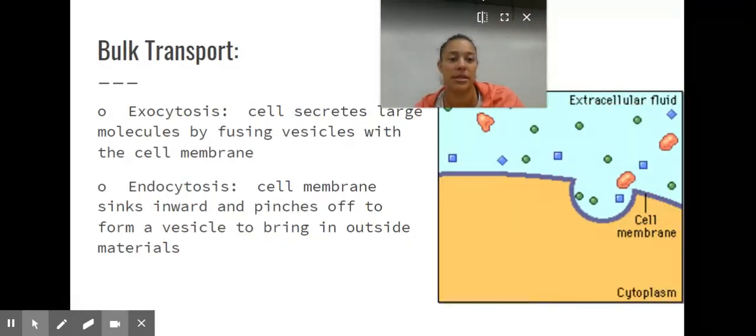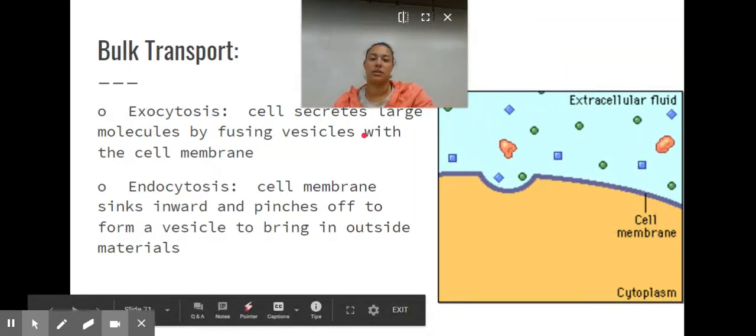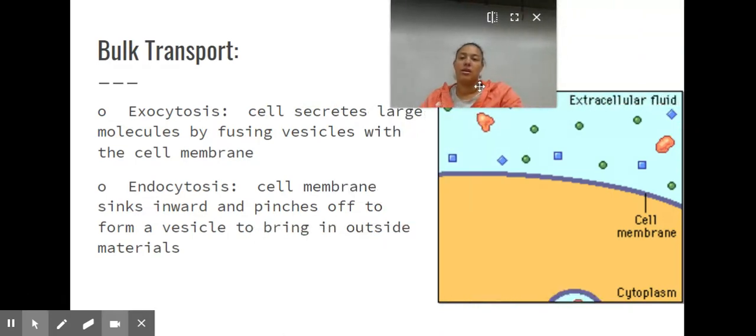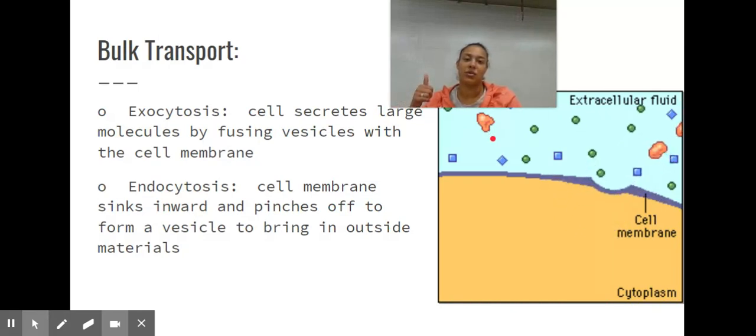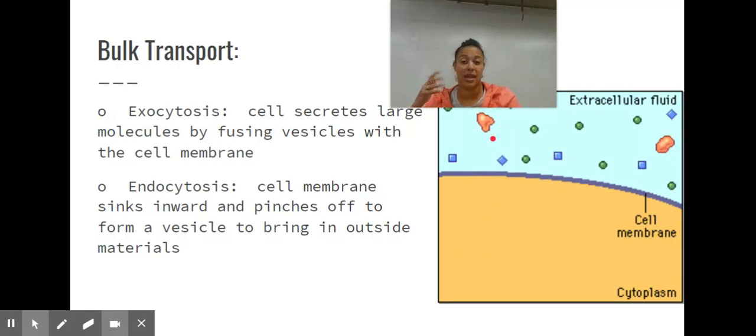Bulk transport is the other version of active transport. So bulk transport can be broken down into a couple categories: exocytosis and endocytosis. If you take the prefix exo, that means exit, endo is inside, and cytosis is referring to the movement within the cell. So outside of the cell, inside of the cell.